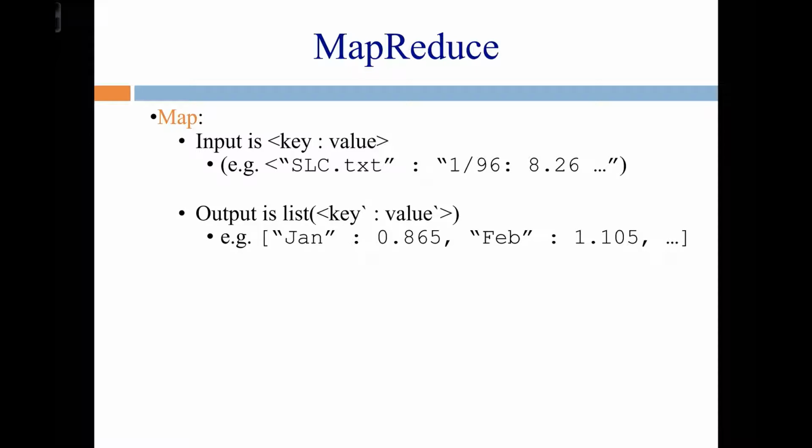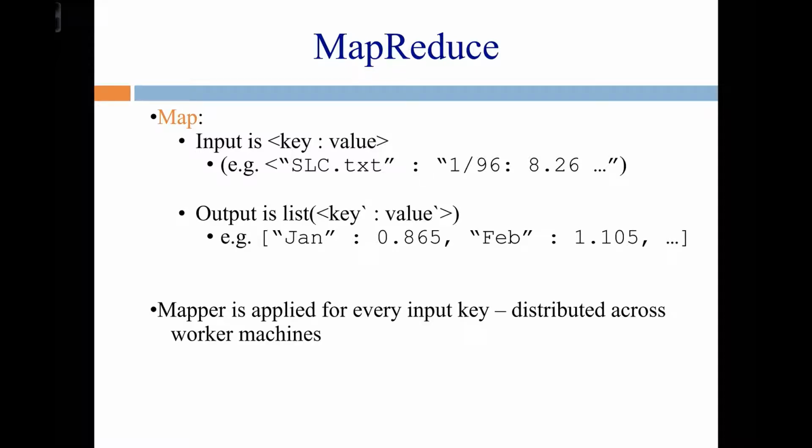The domain of the original input is file name and file contents. The domain of the output is whatever key you're extracting out of each of those files and whatever value you've extracted for that key. So as an example, January plus a number, February plus a number. And that's automatically distributed across every machine in your cluster.